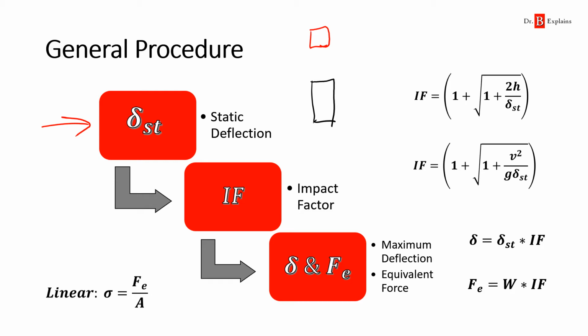This mass is moving down. Maybe we know the height from which it's dropping, or maybe we know the velocity at which it's traveling when it strikes the object. Regardless of which of the two quantities are given, the mass is going to strike the object.